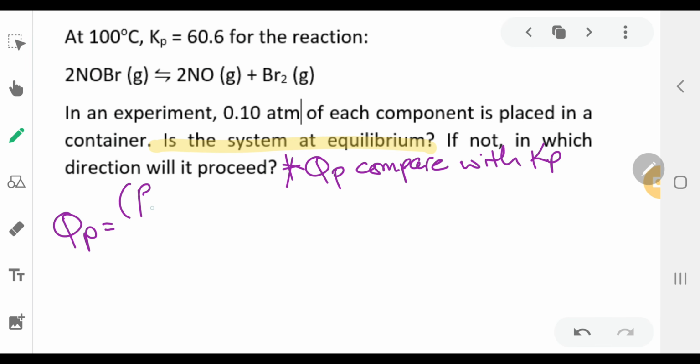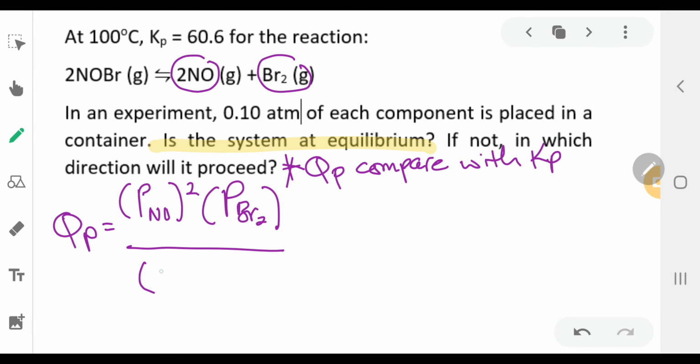So we have partial pressure of NO to the power of 2 times partial pressure of bromine gas over partial pressure of NOBr to the power of 2. And by writing that down correctly, you get 1 mark.